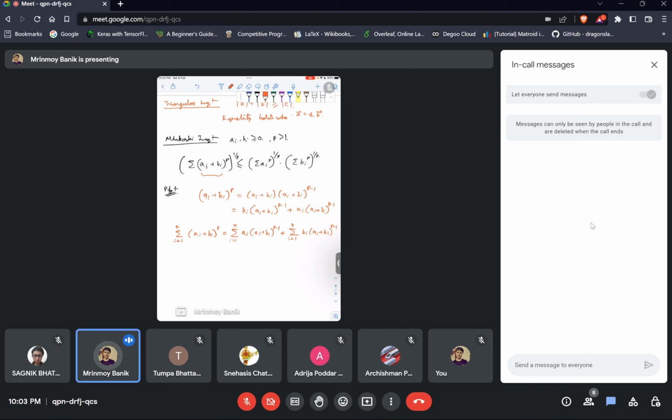So now we can apply Holder's inequality to each term of the sum on the right-hand side.